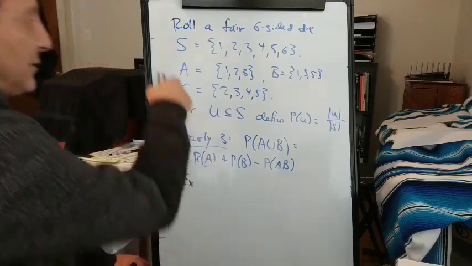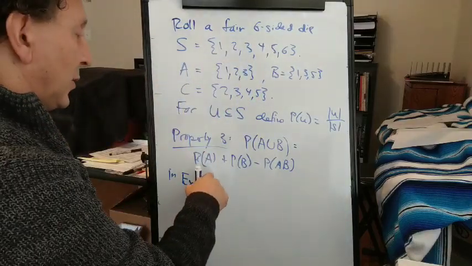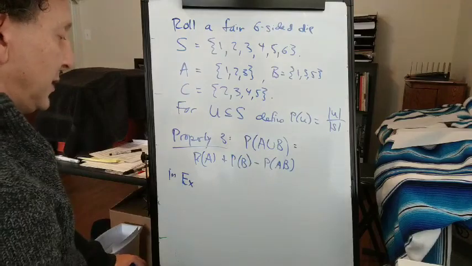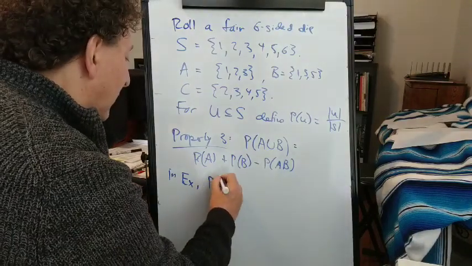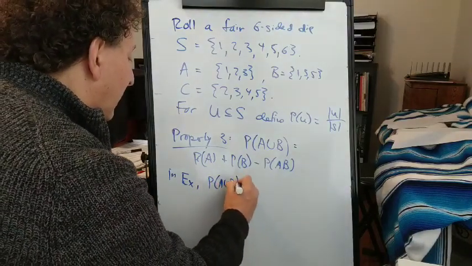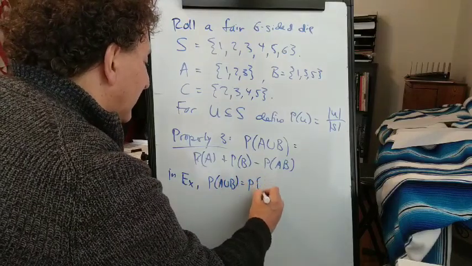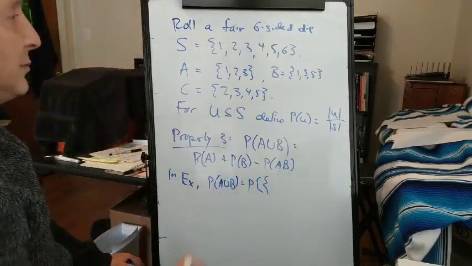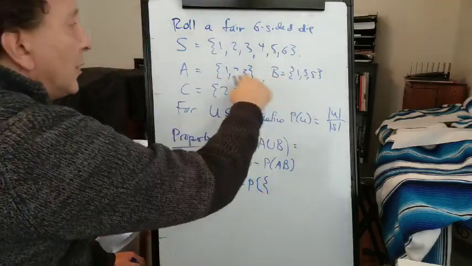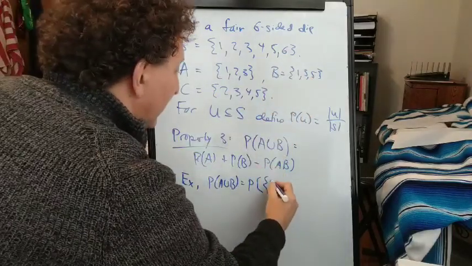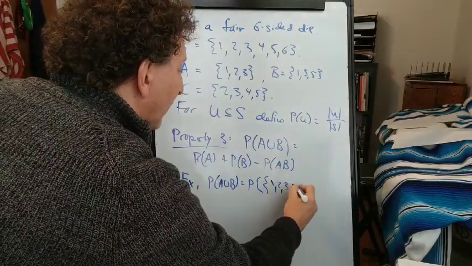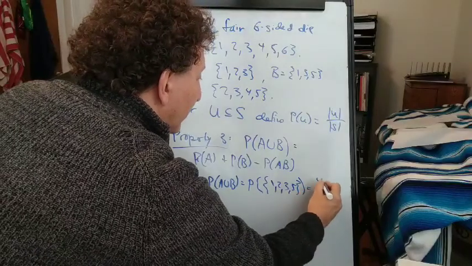So in our example, let's use this A and that B. So probability of A union B is, let's see, in A union B we've got 1, 2, 3, and 5. So that's 4/6.